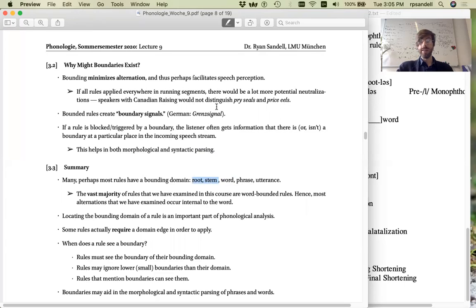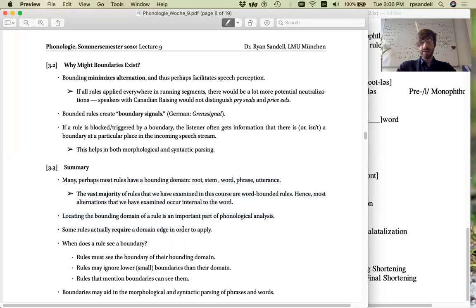Work on so-called lexical phonology tends to examine the processes that are restricted to the smaller domains of the root and the stem, whereas finding data on rules that are restricted by phrases and utterances tends to be a bit more tricky because it requires more fine phonetic data from longer utterances.